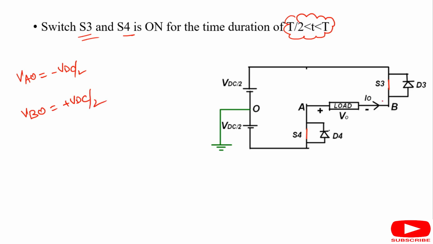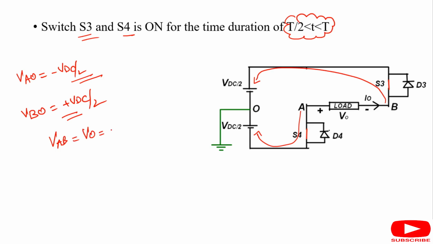Why? Because the output point B is directly connected with the positive terminal and the output point A is directly connected with the negative terminal. So VAO must be minus VDC by 2 and VBO must be plus VDC by 2. And what about the output voltage VAB or V0?